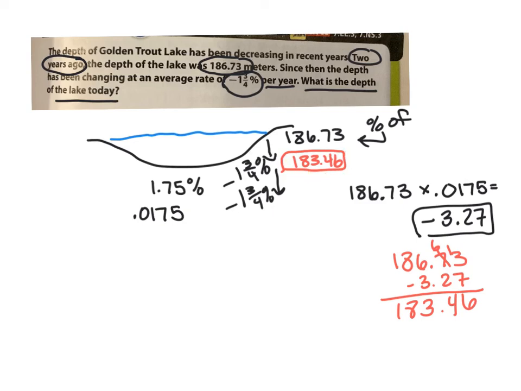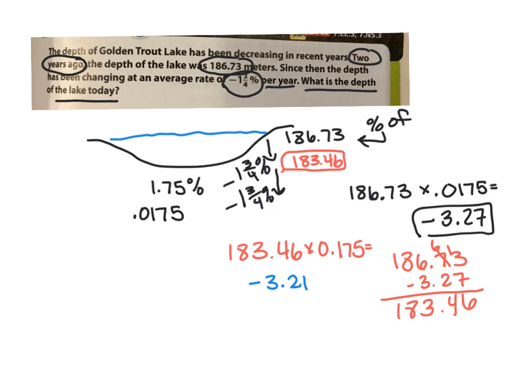So now let's go ahead and do the new amount times 0.0175. How much did that go down by? Calculate it. And the answer I get is 3.21055. I'm going to round that to the hundredths place and just call it 3.21. That's how much it went down by from here.